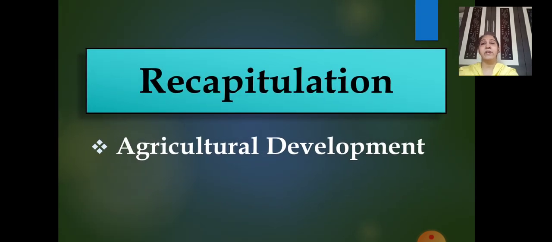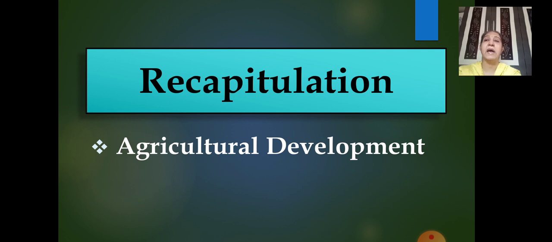So children, we will have a quick recap. We have learnt about the agricultural development in today's session, and we have seen the comparison of the developing countries and the developed countries. So here the example of the developing country was given as India, and the developed country was taken as USA. We saw the farm in India and we saw the farm in USA.